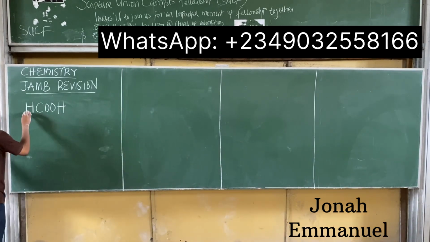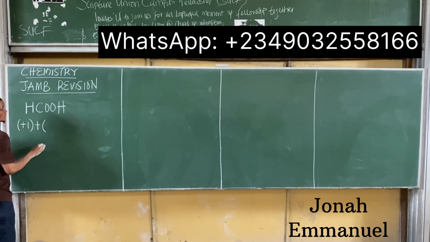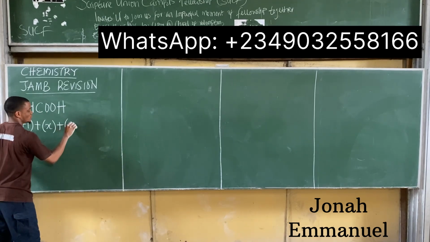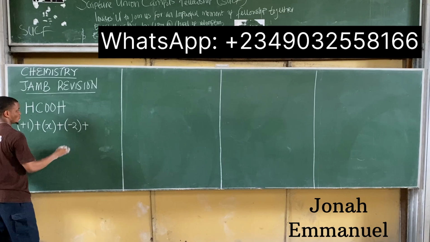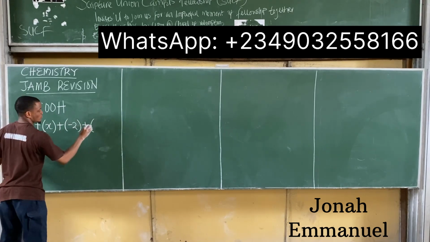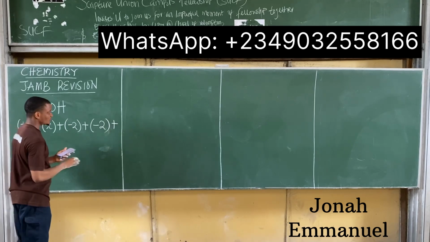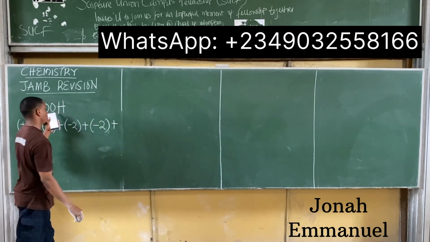We know that for hydrogen, the oxidation state of hydrogen here is +1. Plus for carbon, it's unknown. We call it X. Plus for oxygen, it's always -2. Plus, for oxygen here, also -2. Plus for hydrogen, we just said that the oxidation state of hydrogen is +1.